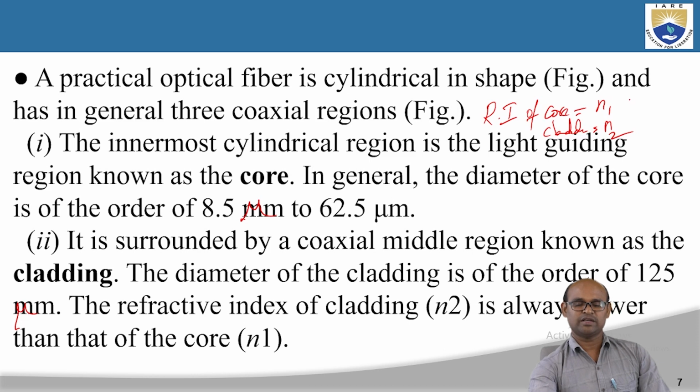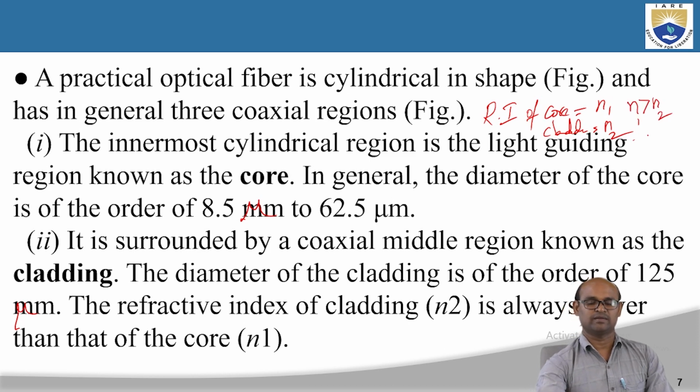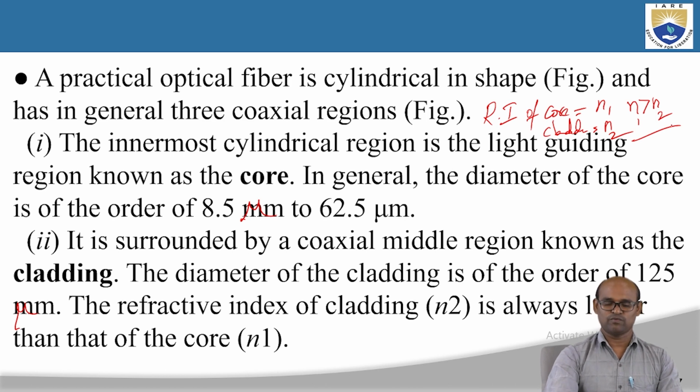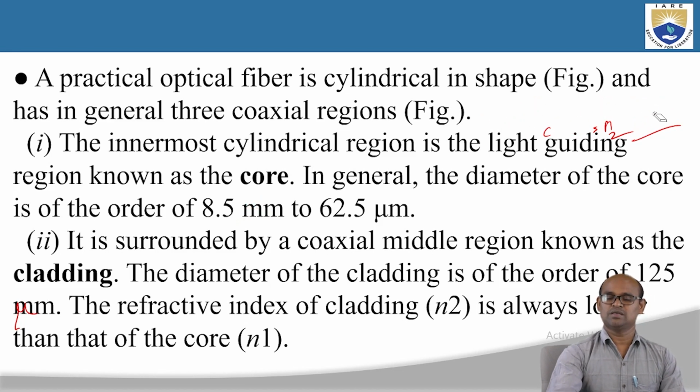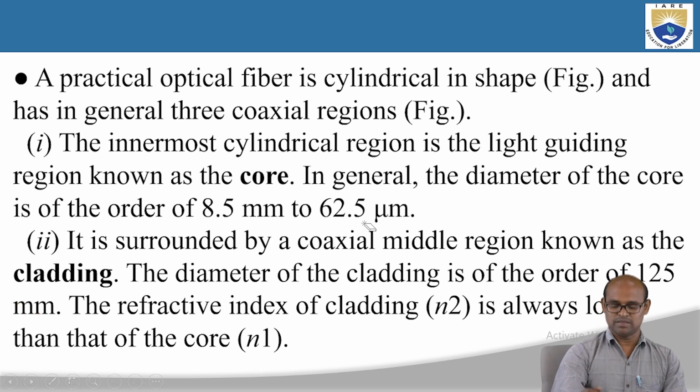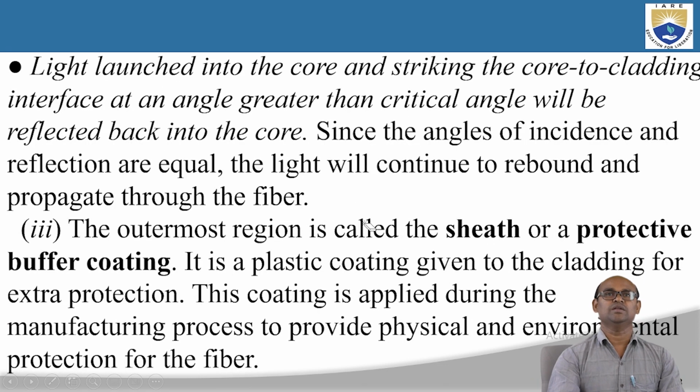We know that the refractive index of the core is always greater than the refractive index of the cladding, or in other words, the refractive index of the cladding is lower than that of the core. We need the refractive indices in this relation because we want the light to undergo total internal reflection.